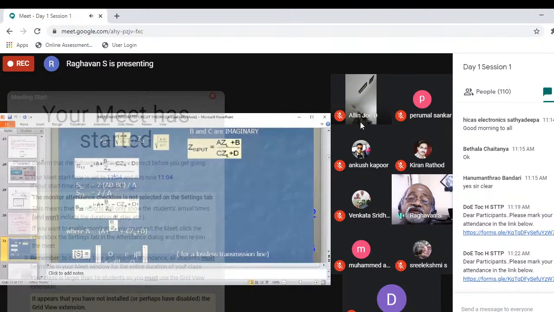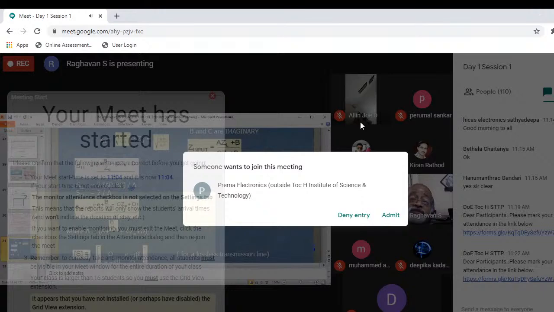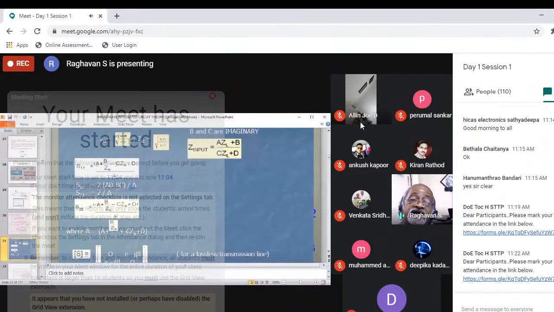Once you get the effective ABCD parameters, you can make use of this relationship and get the equivalent scattering parameters. Here also you can simplify, because you know very well that for certain conditions AD minus BC is equal to 1, A and D are real, B and C are imaginary. Then you should know when A and D are equal.